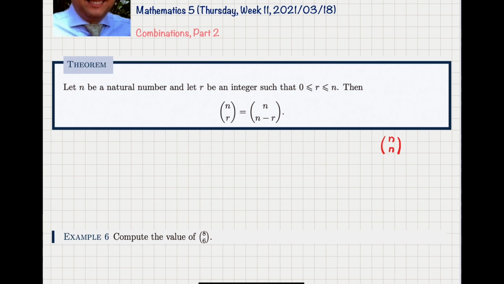It should be 1, yes, because it tells you that I have n distinct objects. I want to choose all of them. In how many ways can I do that? In one way, I have to choose all of them. So definitely this is equal to 1 without calculation. If you want, you can calculate it using the formula. You will get the same number.